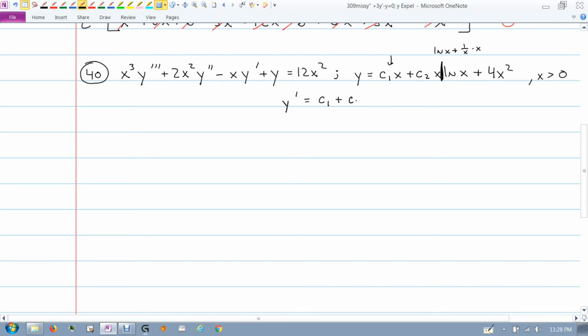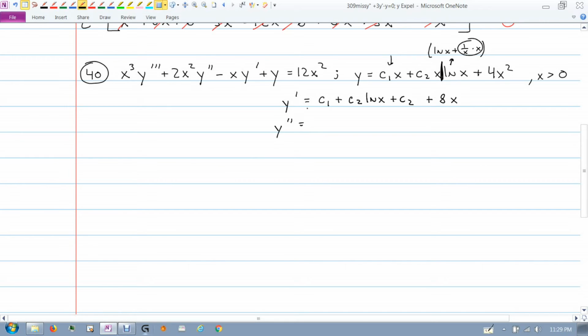So how about c sub 2 natural log x plus c sub 2. This was in parentheses when I took the derivative product rule there, and I passed that c sub 2 through. And that's 1, keep in mind. Alright, so that's that, and then at the end I just get 8x. Okay, first derivative wasn't too bad.